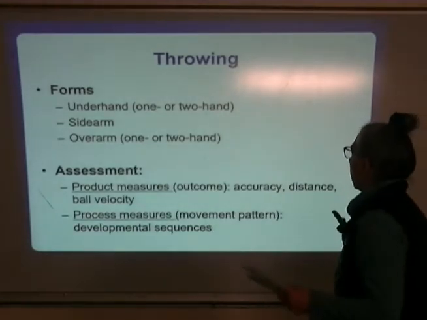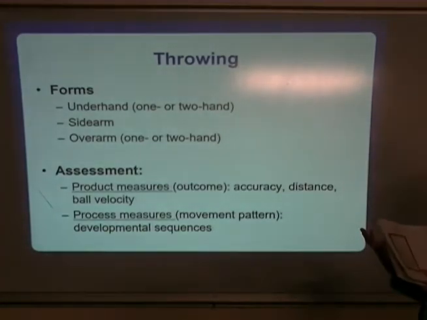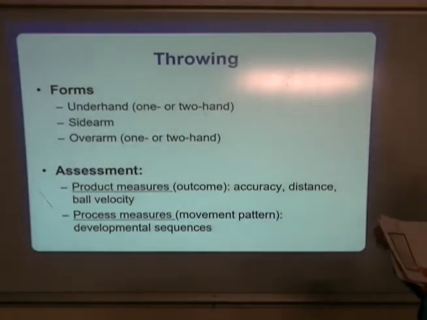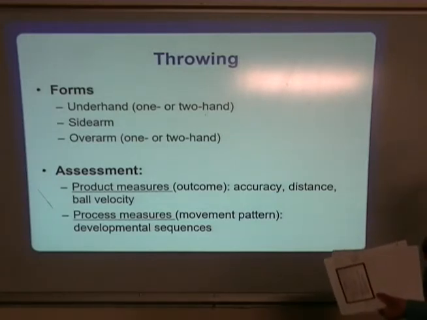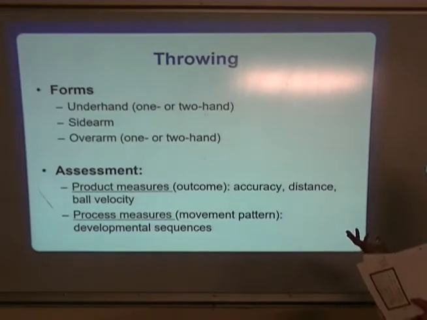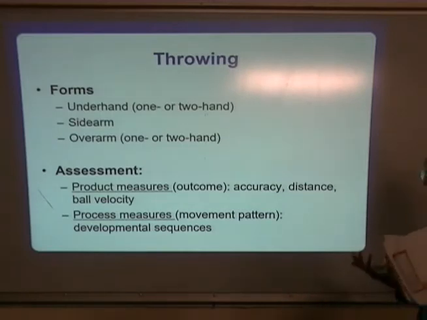But you've got to consider when those measures are useful. It sort of depends on who you're working with. If you're working with an elite athlete, then ball velocity or accuracy, for example, could be very important, right?